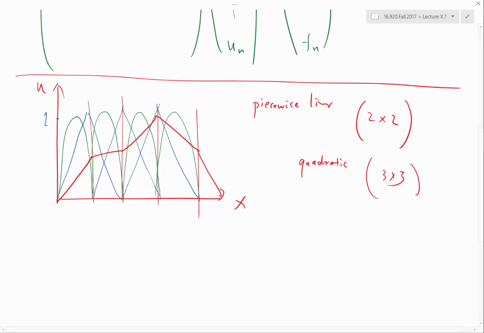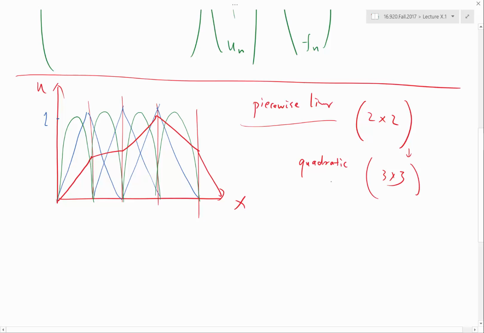And then what you do, you stack them, right? You look at what are the indices that are shared between different elements, then you stack them accordingly. So for piecewise linear basis functions, every index except for the boundary element gets stacked with something else.